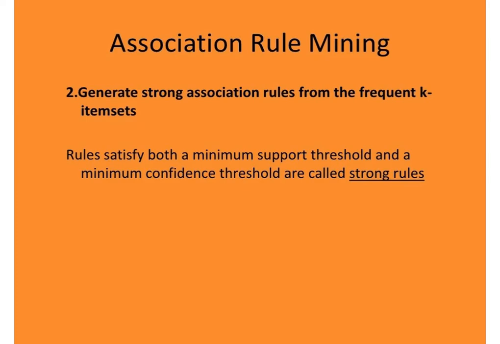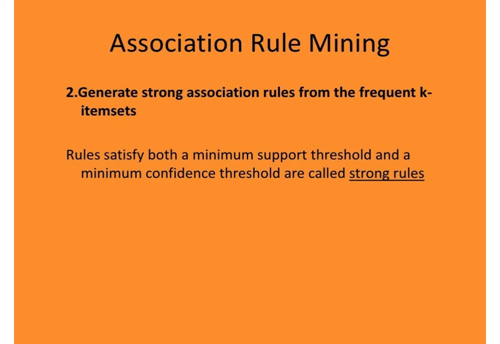Rules that satisfy both a minimum support threshold and a minimum confidence threshold are called strong rules. So like I mentioned initially, high frequency and high percentage will give you a strong rule.